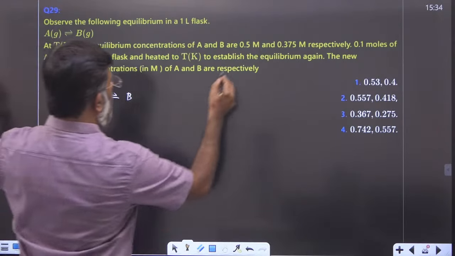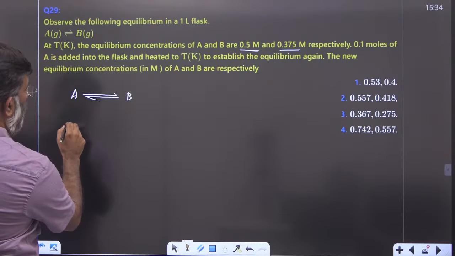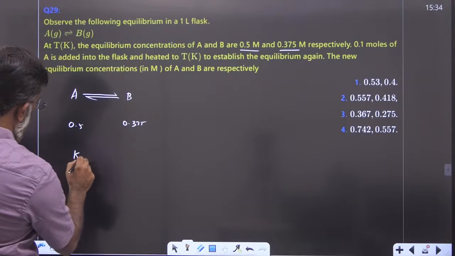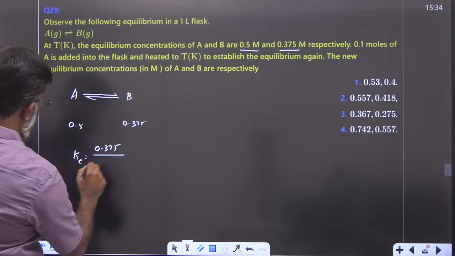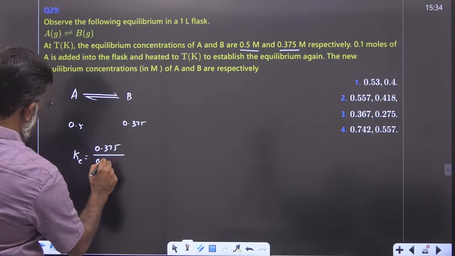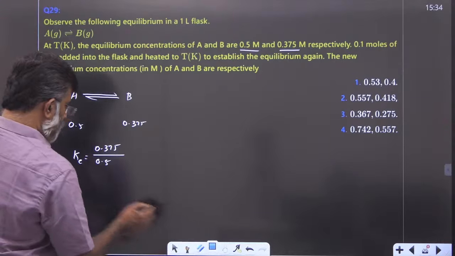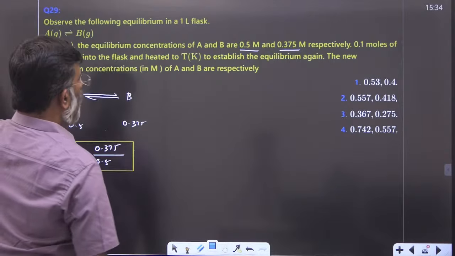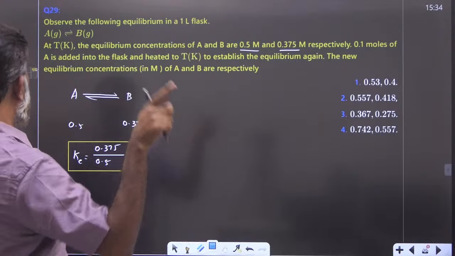So we have A giving B. At equilibrium, A is 0.5, B is 0.375. So you can get Kc. Kc equals 0.375 divided by 0.5. That is K. Now we are adding 0.1 mole A into the flask.